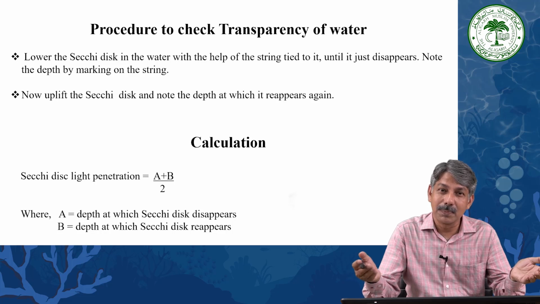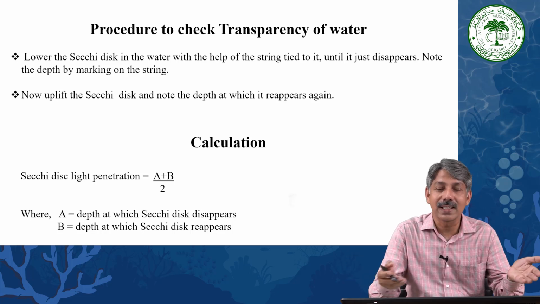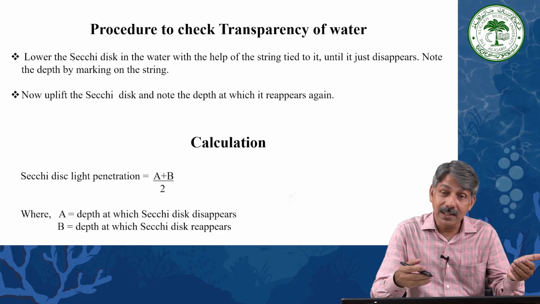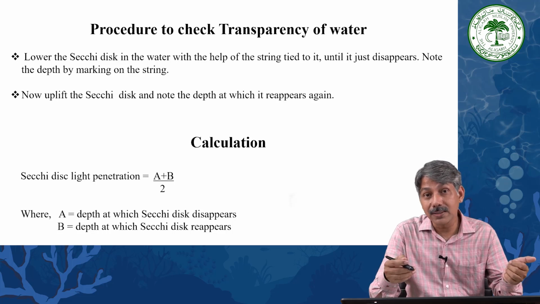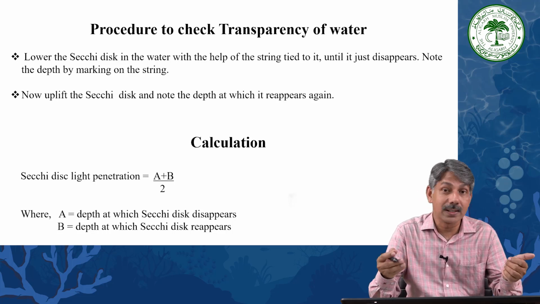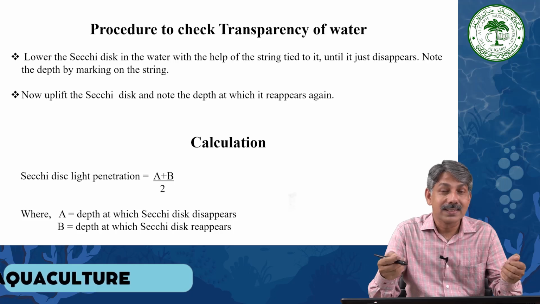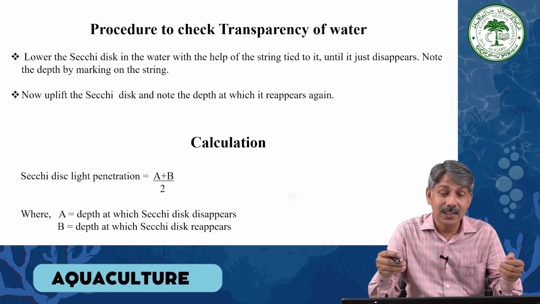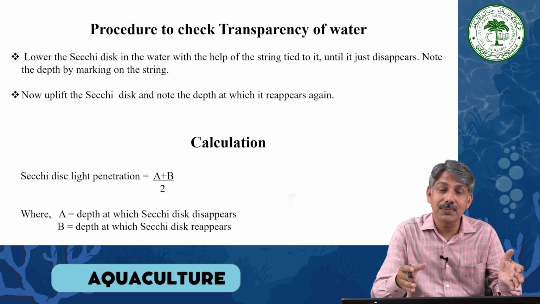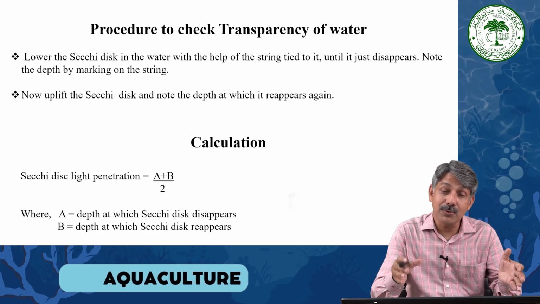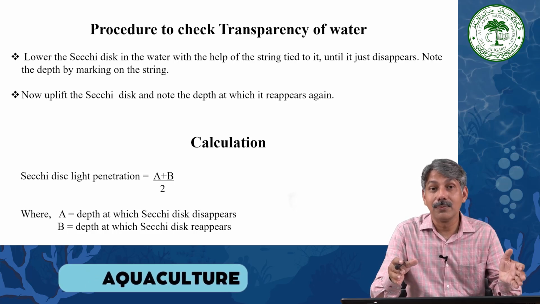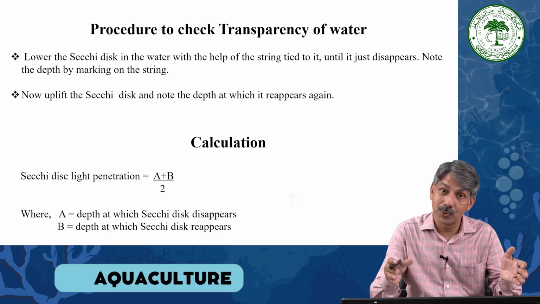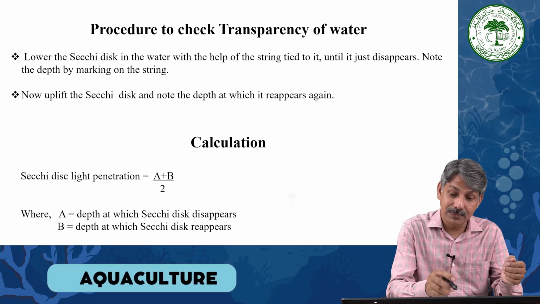Many of the things you may not notice, but nature takes care with time. But here in the intensive culture practice, where we usually use tanks of different materials, and we are stocking a large number of fishes, you will have to take care of their requirements, which can hamper their survival, growth, and other aspects of their life.